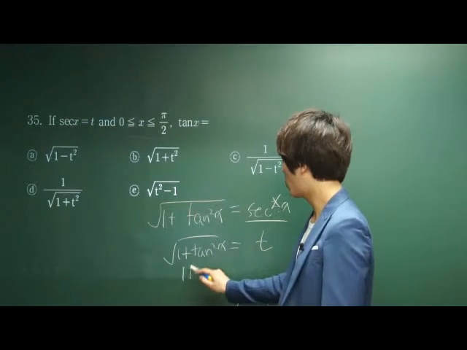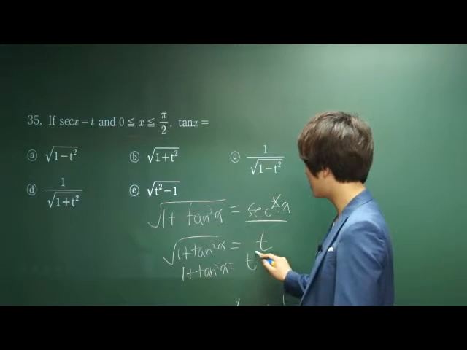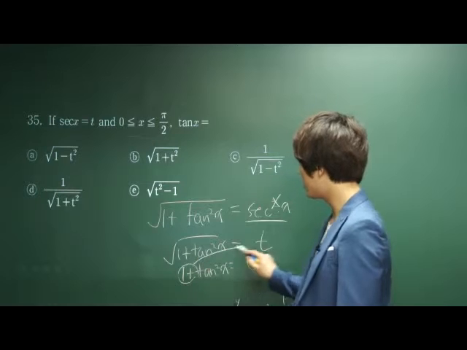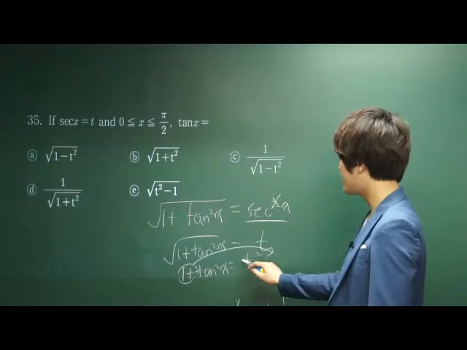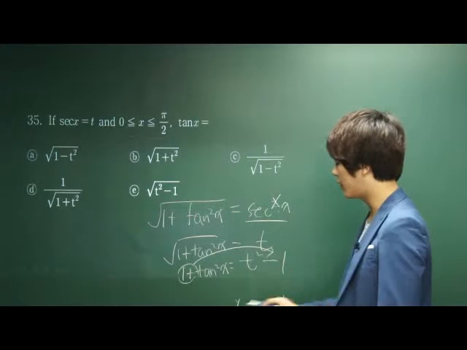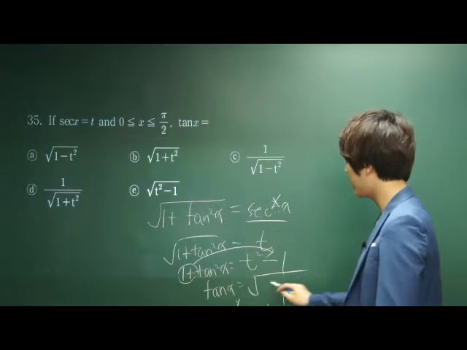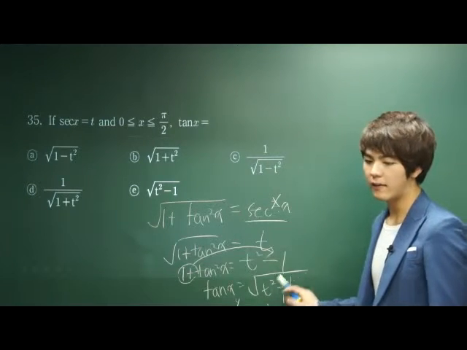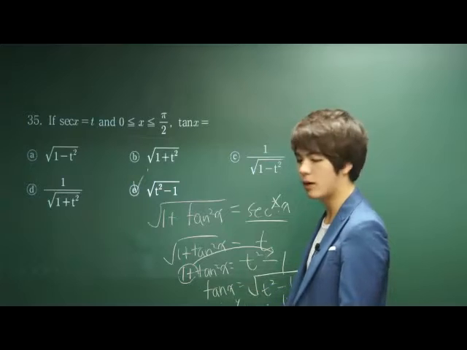Square both sides. 1 plus tangent square x is equal to t square, right? Move this to the right side. It gets tangent square x is equal to t square minus 1. Therefore, tangent x is equal to square root of t square minus 1. Therefore, the answer gotta be E, square root of t square minus 1.